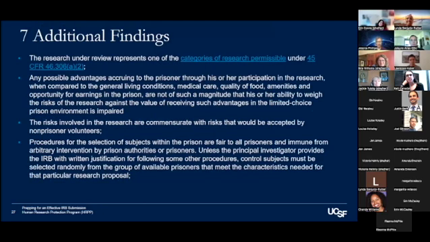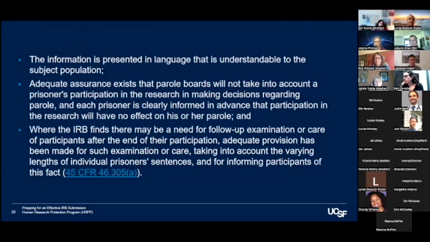So when you're reviewing prisoner research, you have to make sure that it falls under certain categories. That the research is not coercive, it's minimal risk. There's equitable selection. The research is presented to the prisoner in a language they understand, so get your translations or your interpreters.